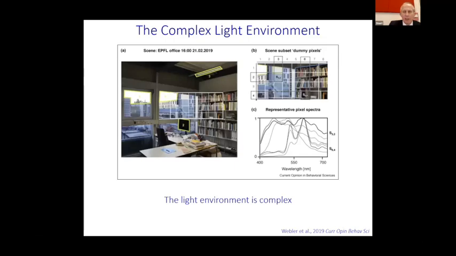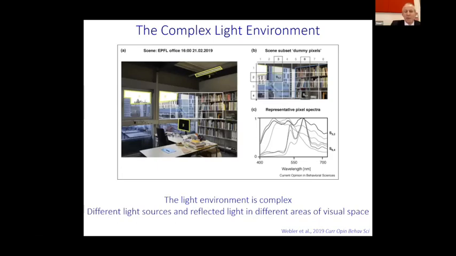Working with Manuel Spitschan and Forrest Weber a few years ago, we were discussing how the light environment is a lot more complex than we often presume. If you consider a scene like this, you have different areas with natural light, artificial light sources, and reflected surfaces. So the light environment is more complex than we often give it credit for.